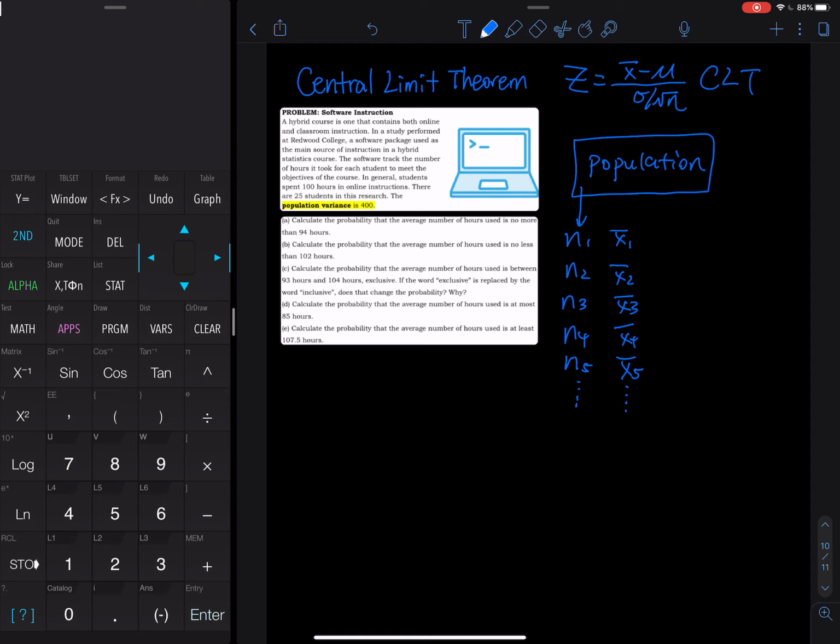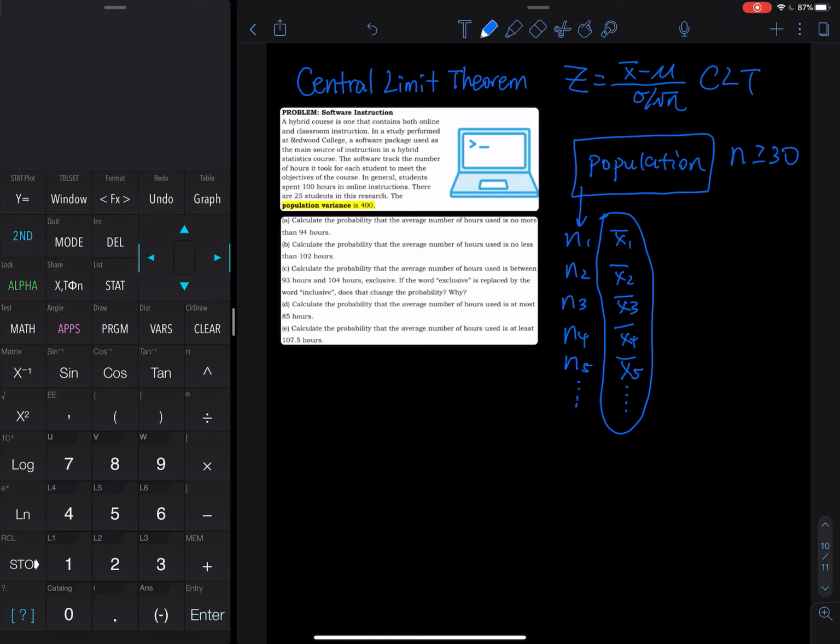Okay, now what I am interested in is the distribution of this x bar. So what is the distribution of this x bar? The central limit theorem says if the sample size is large enough, so let's say n is greater than or equal to 30, then the sample mean, this x bar, forms its own normal distribution.